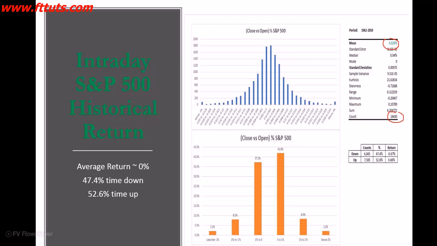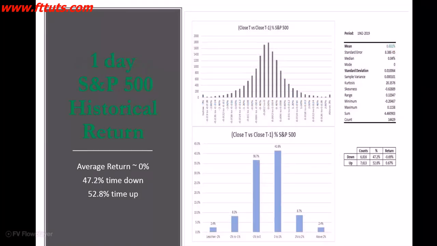So if you were trading intraday, the close versus the open, let's say buying on the open and selling on the close, you will be making 0%. So after cost of trading, you will be losing money. So the bottom line of this is trading the S&P on an intraday basis, you will not be making any money.